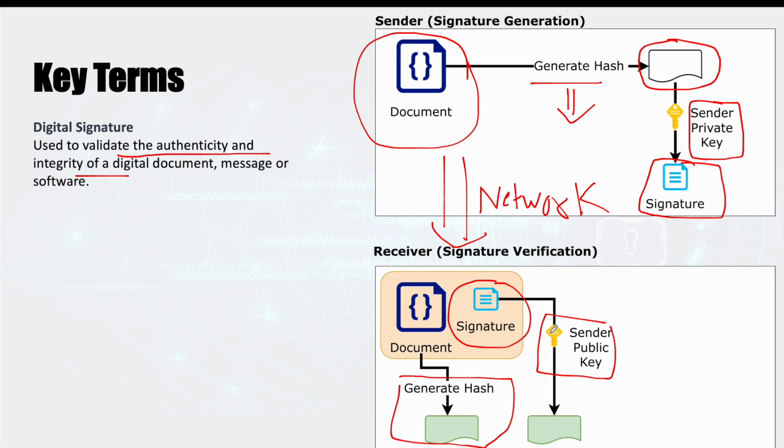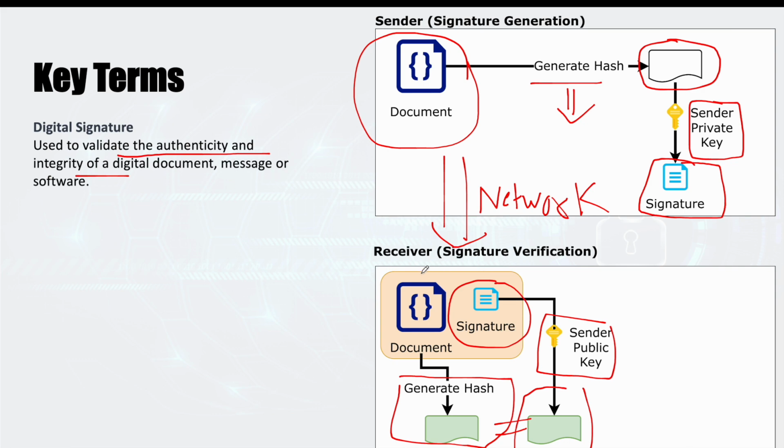So it will decrypt and get the hash. If this hash is equal to this hash, meaning both the hashes match, that means this is the document which was sent by the sender, and it has not been tampered with on the network.